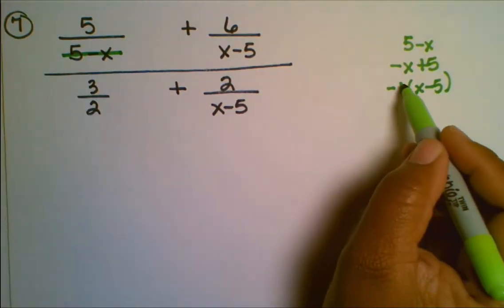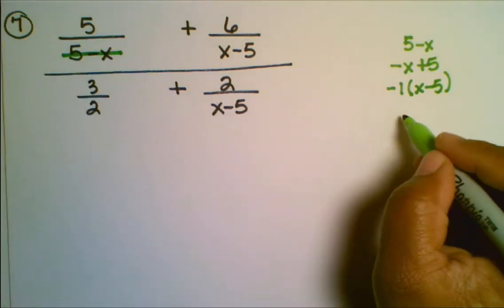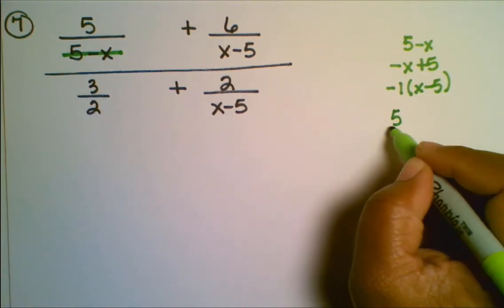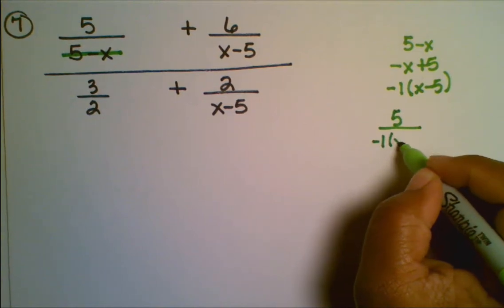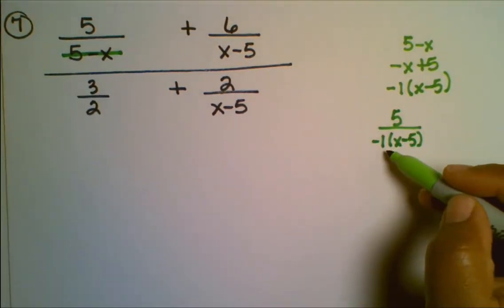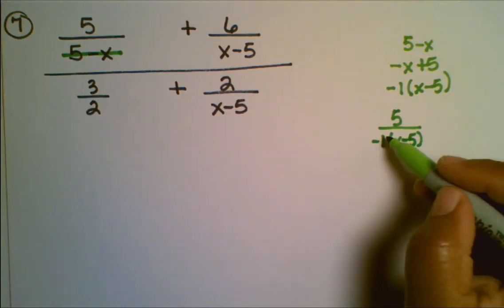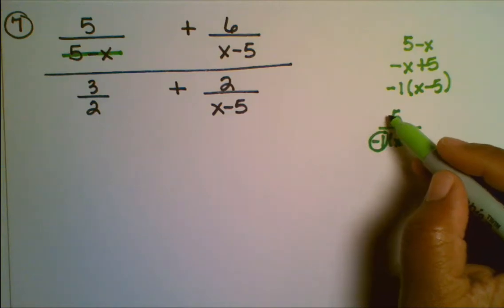Now, this negative here, remember I told you that it doesn't matter where we place the negative. So let's go ahead and write this out. Rewriting that denominator, we have 5 over negative 1 times x minus 5. Well, we can move this negative to the denominator, beside the fraction, or to the numerator.